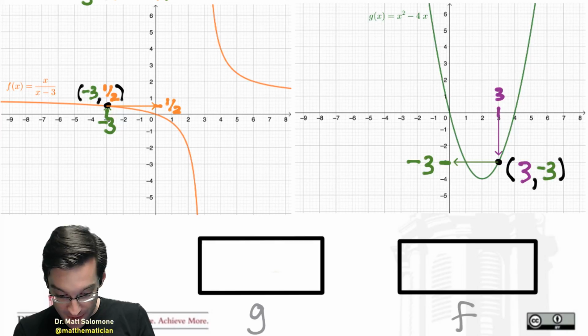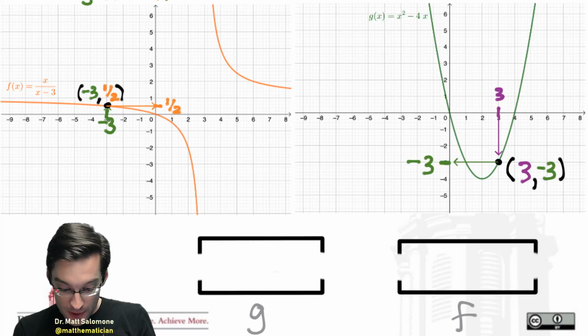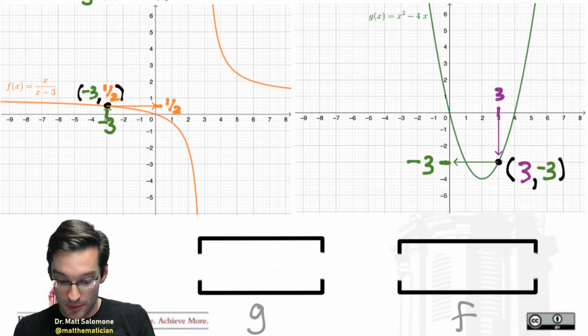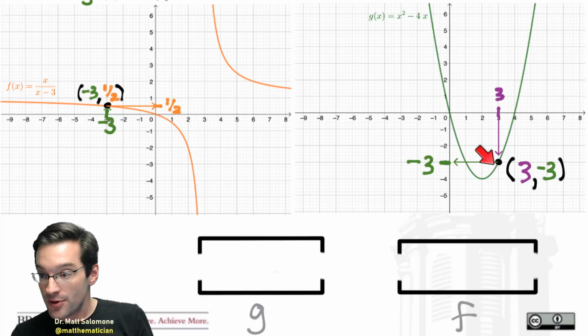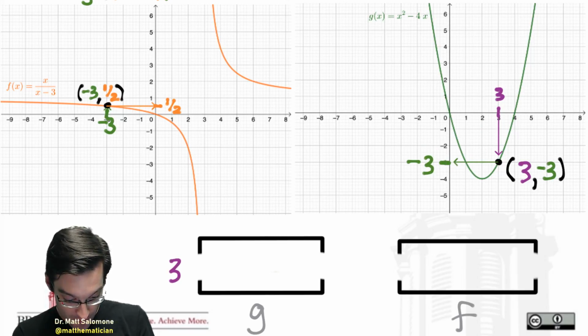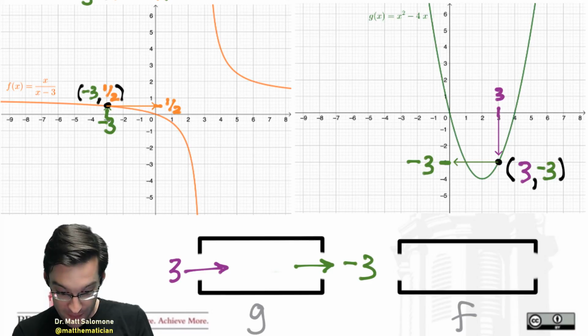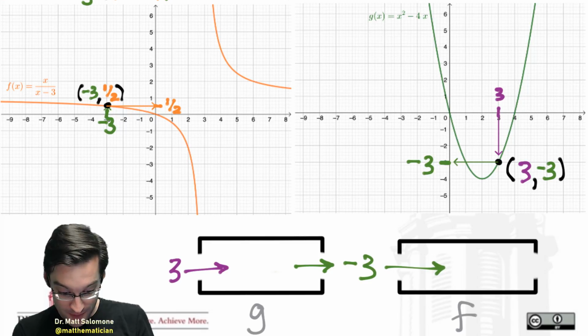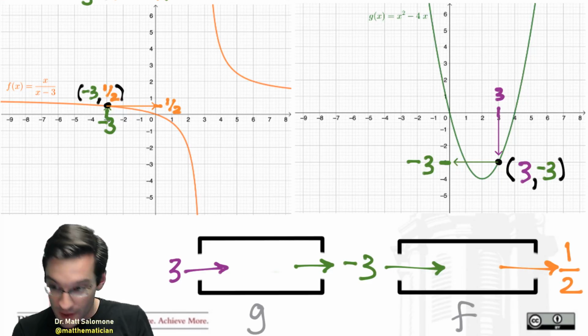Then what really happened here is we took the number 3 and we used it as an input to my g function. So we put 3 into my g function, and out of that g function came an output of negative 3. That's what happened over here. But then that negative 3 became the input to my f function, and when negative 3 is the input to my f function, the output from my f function was 1/2.